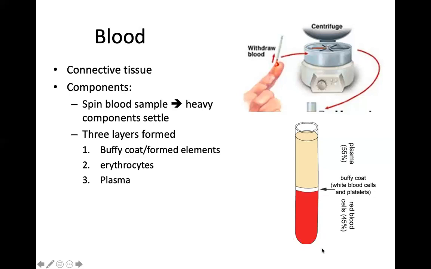And the bottom 45% is referred to as your red blood cells or your RBCs. So this is about 45%. It is also called the hematocrit layer or hematocrit. And please do note that if you're comparing the red blood cell percentage, or in another sense, the hematocrit percentage, between male and female, males usually do have a higher red blood cell count.